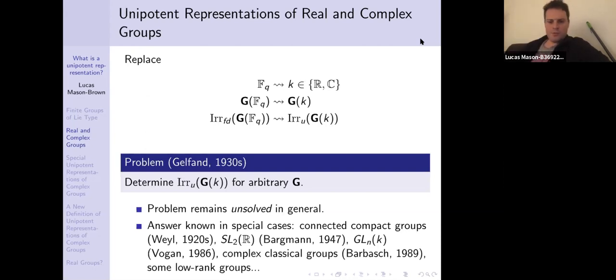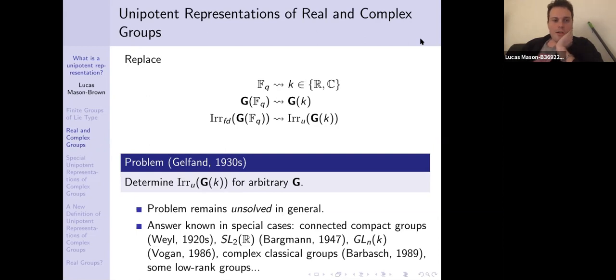For SL2(R), the unitary dual was worked out by Bargmann in the 40s. Vogan worked out the unitary dual of the general linear groups over the real and complex numbers in the 1980s. And Dan Barbasch worked out the unitary dual of the complex classical groups later in the 1980s.